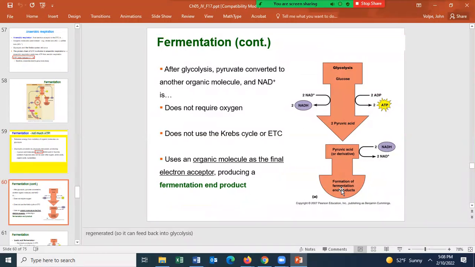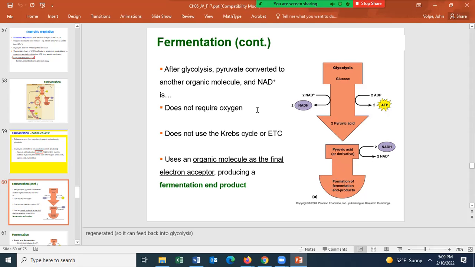So in fermentation, what we do is we run glycolysis, and then we have 1 or 2 fermentation steps after glycolysis. So pyruvate at the end of glycolysis is converted to the fermentation molecule, and it can vary on which fermentation reaction we're doing, but it can be lactate, it can be alcohol, it can be a few other molecules as well.